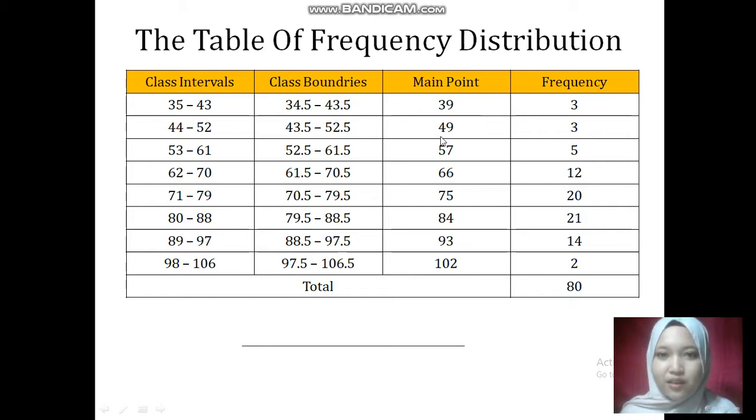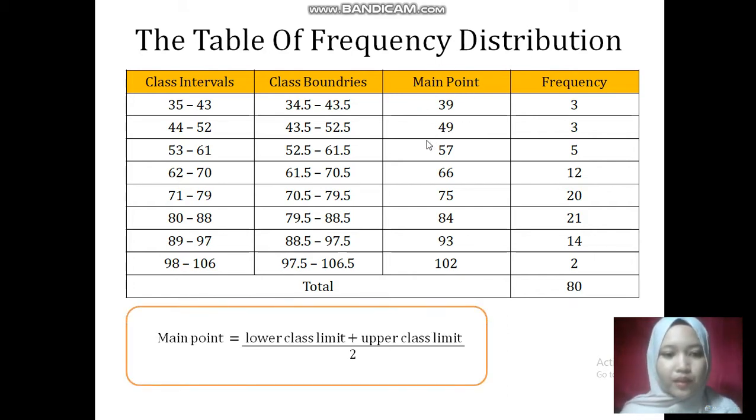So next, the main point. How to find the main point is lower class limit plus upper class limit divided by 2. For example, 34.5 plus 43.5, which is 78, and then divided by 2 equals 39.